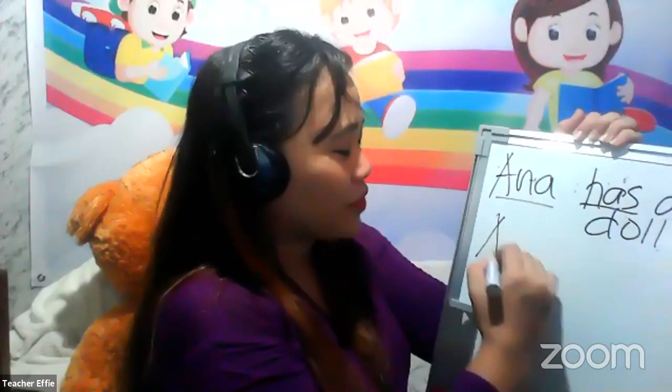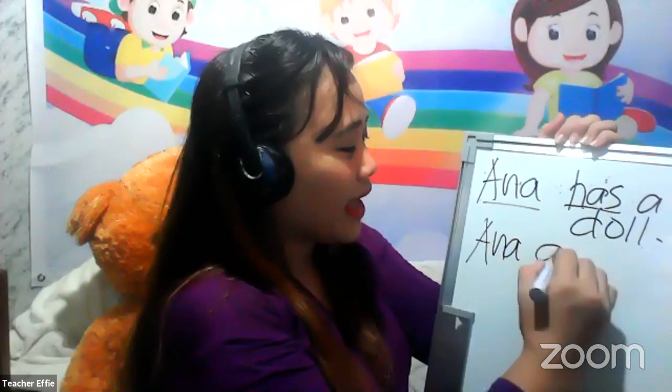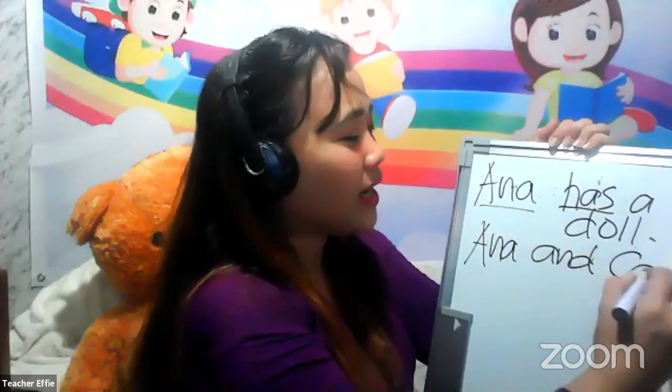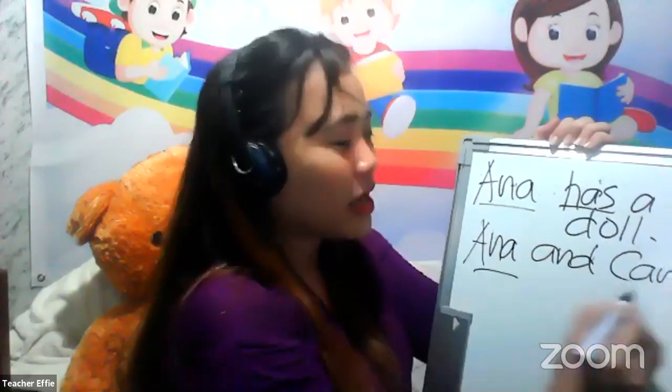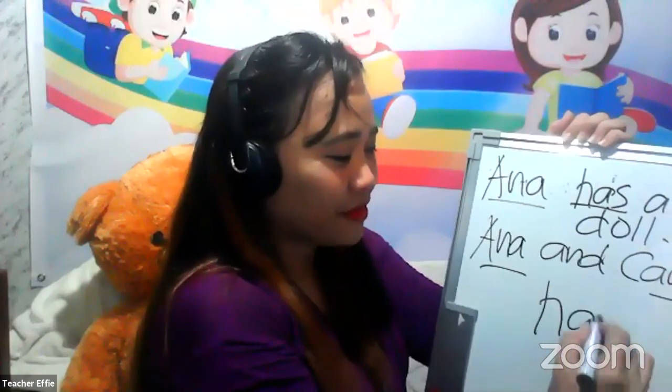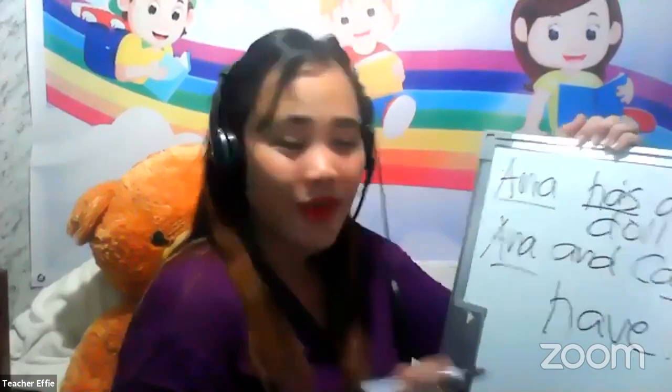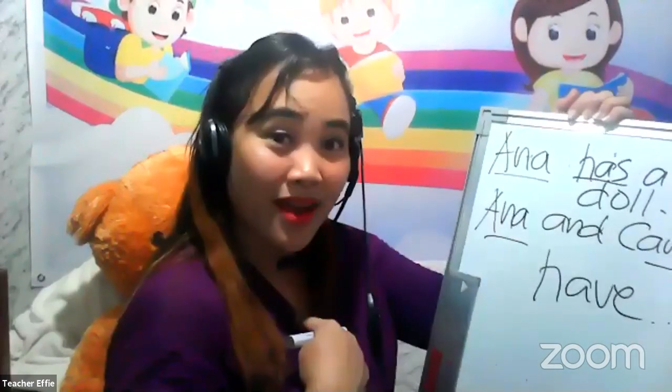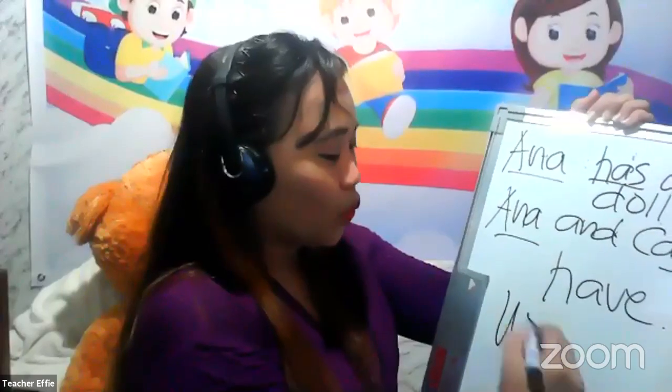And then, if I'm going to say Anna and Carla, I'm talking about two people here, two ladies. Anna and Carla have. Okay? Have. Or, if I am Anna, I'm going to say we have.